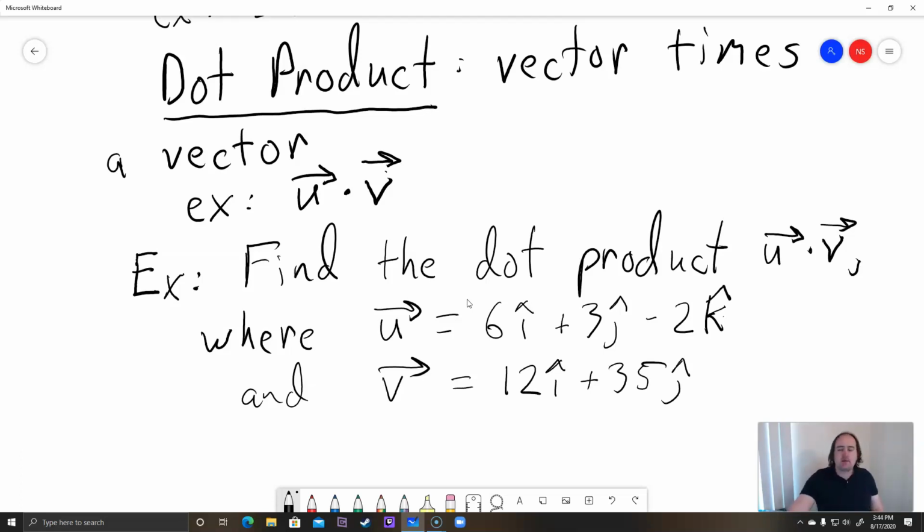We want to find the dot product u dot v.